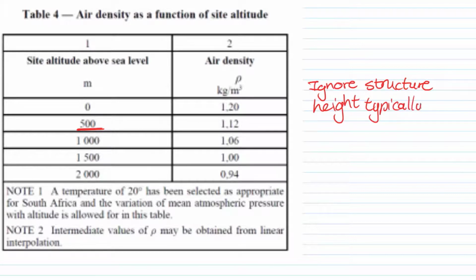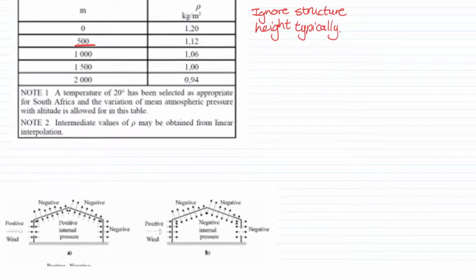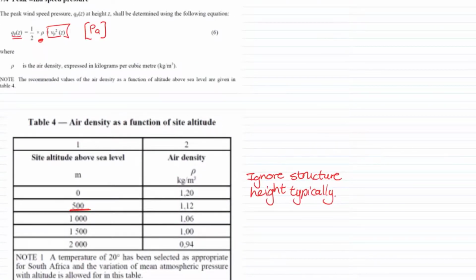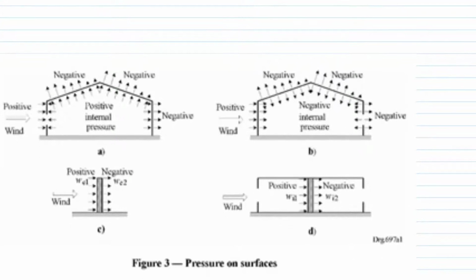So if you are at 100 meters above sea level, you can use that. Normally your 10 or 20 meter high building is not really going to have a big influence on this. So you can ignore the height typically and not recalculate this for every single height. You plug that in, you now have a wind pressure. In the next session, we'll go on to how to apply that to a specific building.